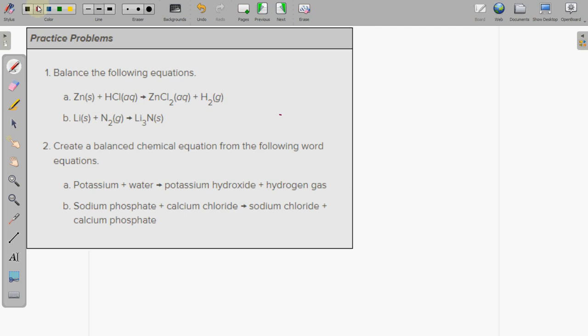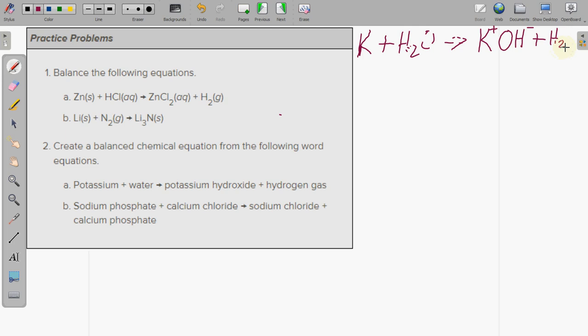So that would just be K, it's a metal, it's not diatomic, plus water, that's H2O, produces potassium hydroxide. We look at our polyatomic ions and we see that hydroxide is 1 minus. Potassium is 1 plus. All right, so that's the formula. KOH plus hydrogen gas.